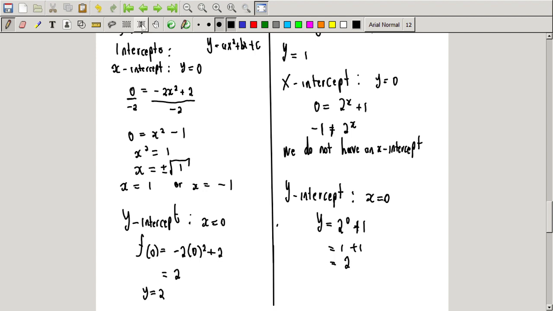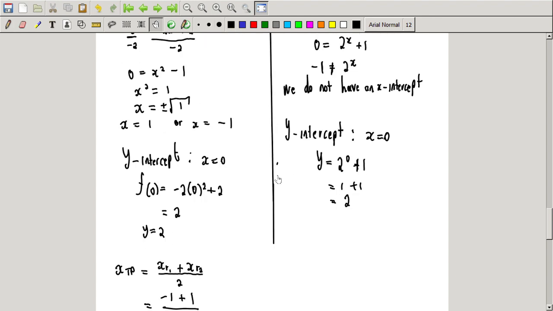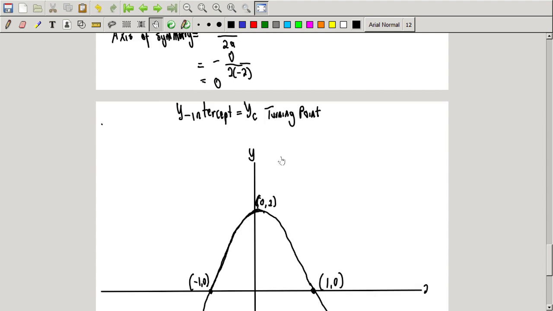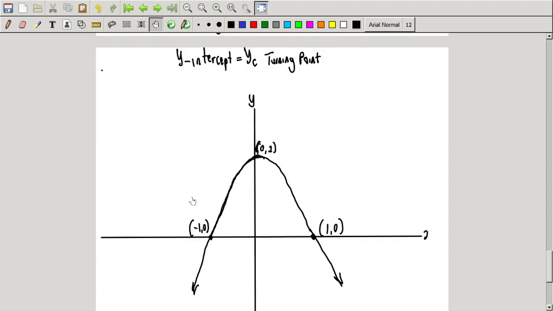So now we can go down to draw our lovely graph. The first thing that we know is that let's write down the asymptote. Okay. My lines are not straight at all.